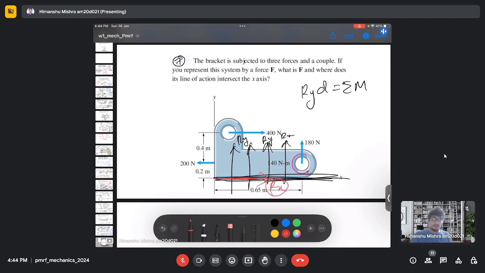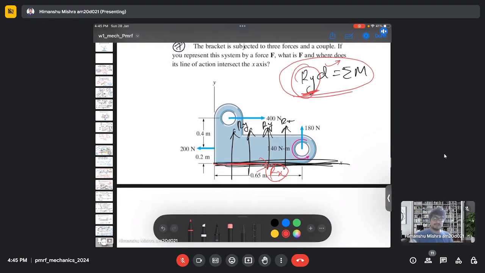So the contribution due to Rx will be zero, and the only non-zero contribution to the moment is coming from Ry times d. We will already find Ry and Rx from the summation of forces. Once we get Ry and Rx, then we will use the moment balance to calculate d, which is the location where the force F is acting.